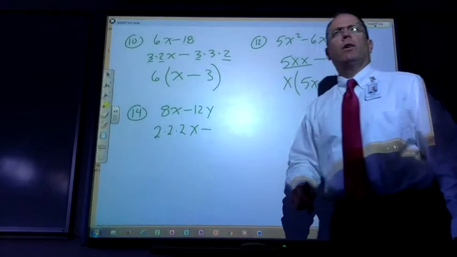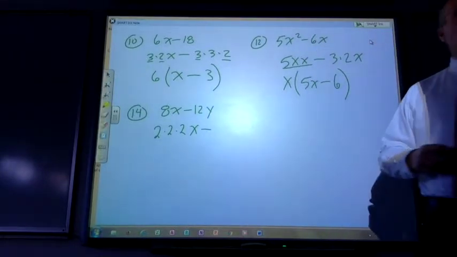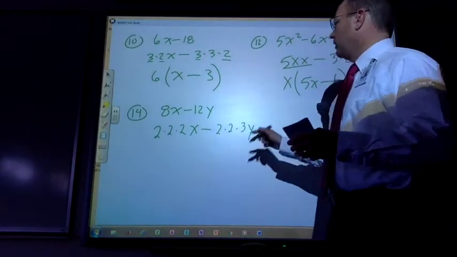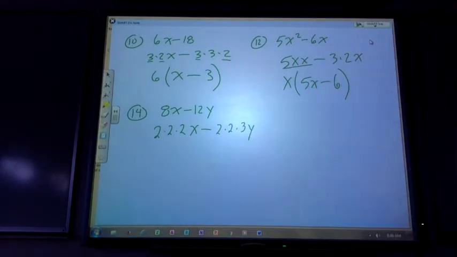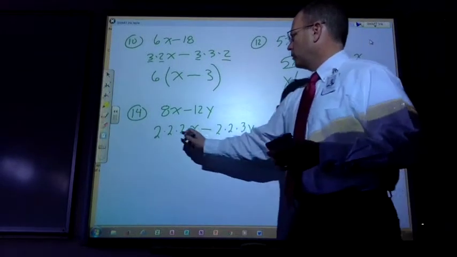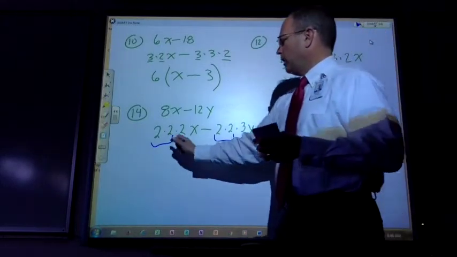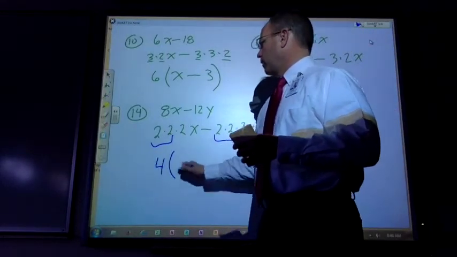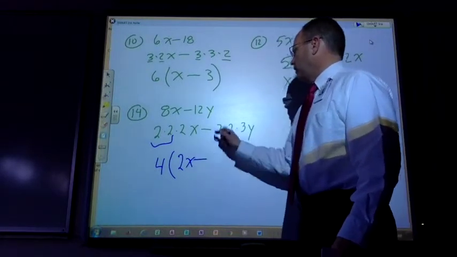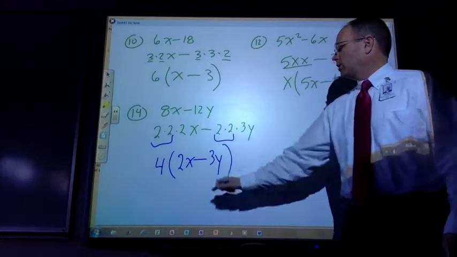Break down 12. 2 times 2 times 3, and there's a y with that. Do I have anything in common between the two? The 2's. So 2 times 2 is 4. What do I have left on this first one? And the minus comes along. What do I have left on the second one? 3y. Done.